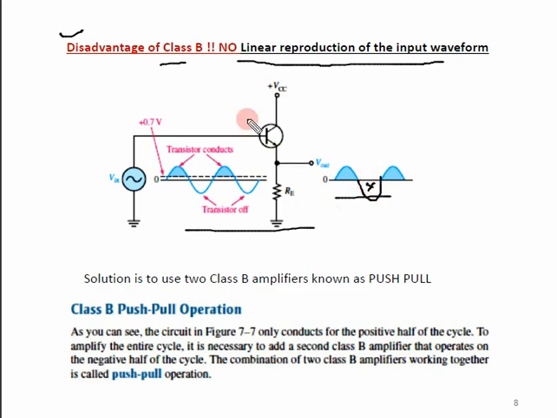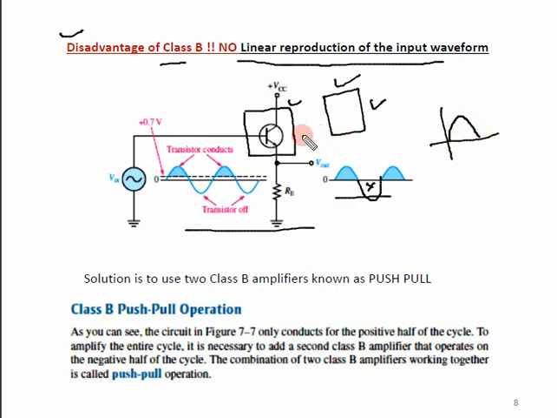So what we can do is take another class B amplifier like this one, and operate this one and this one in such a mechanism that for the first half cycle this one would conduct, and for the negative half cycle the other class B amplifier would conduct.